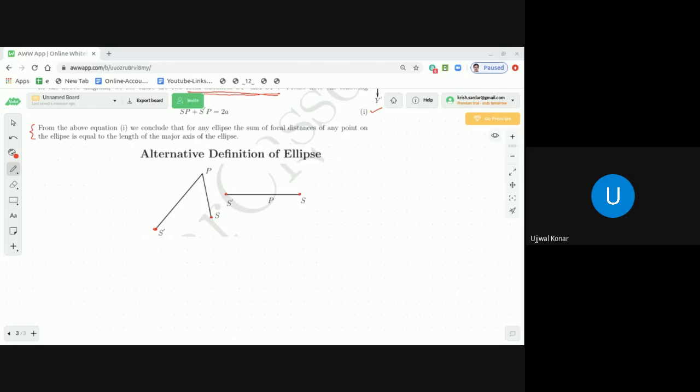But it is moving in a plane in such a manner that if you add SP plus S dash P, that is equal to a constant, that is K. So what I'm saying is that from here we can conclude two things. Let me first write down the statement.